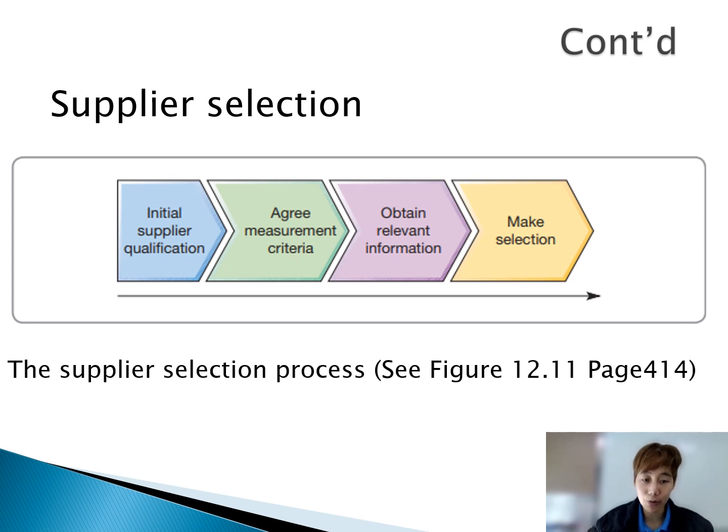Just for example, the qualification for some process that needs to be very fast: must respond to your request within 2 hours, the price not over 50 baht per piece, and a capability to produce 200 pieces per 1 hour.